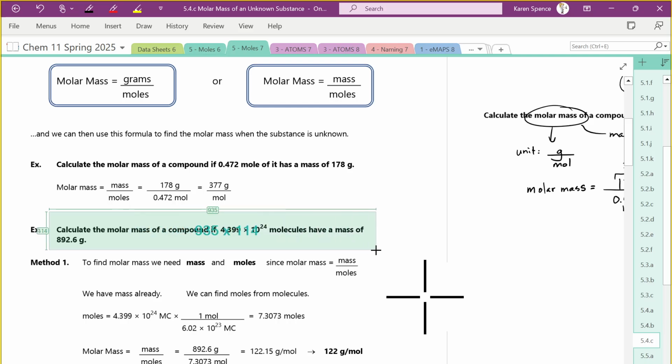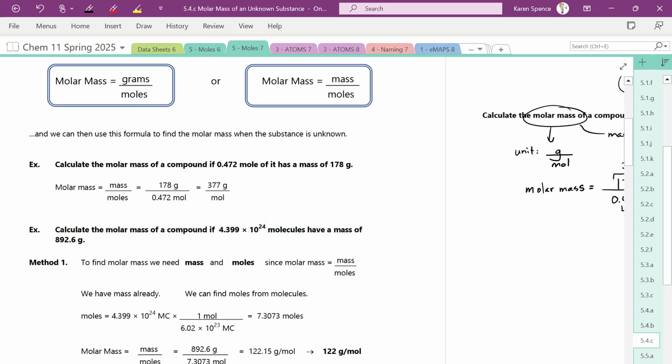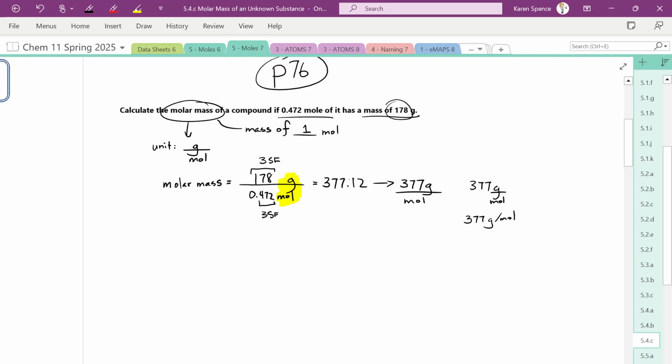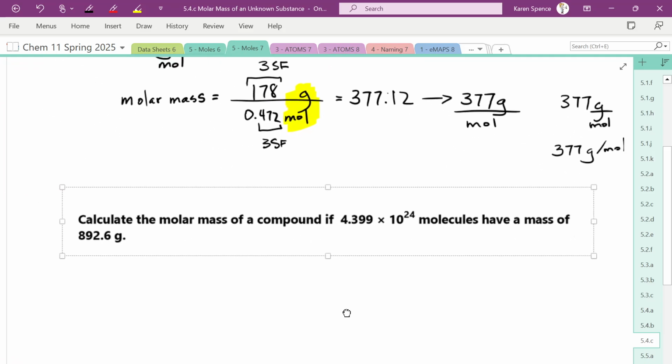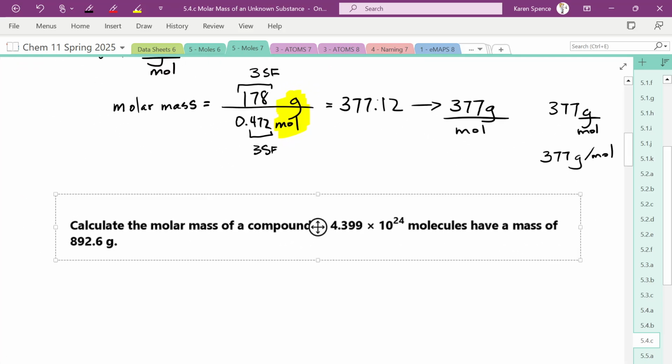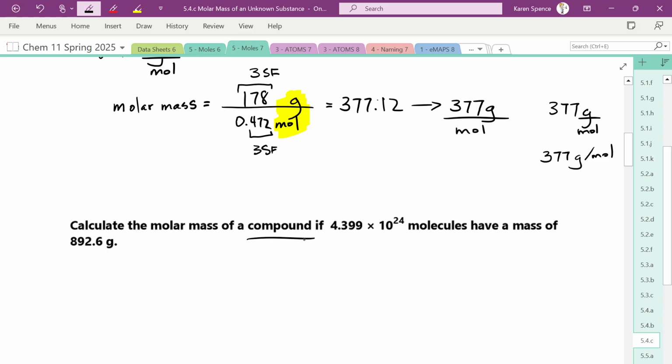Calculate the molar mass of a compound. This compound is unknown. There's no formula.